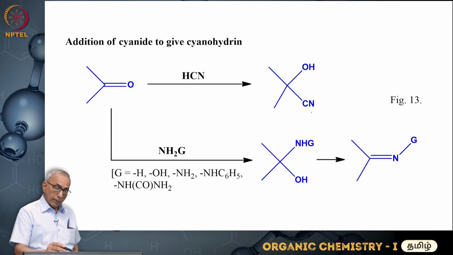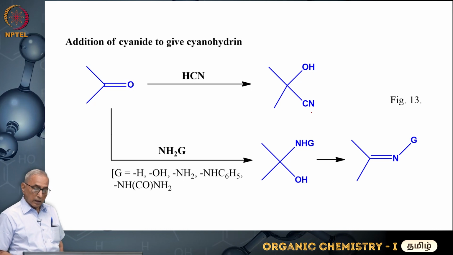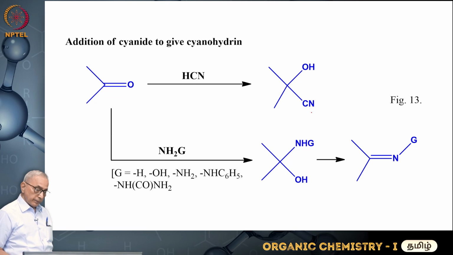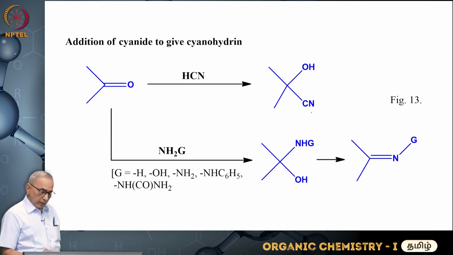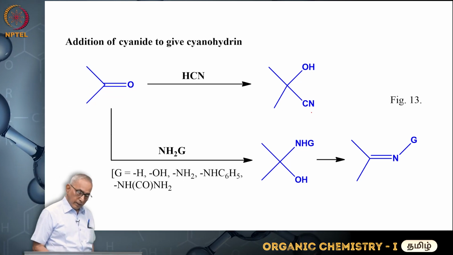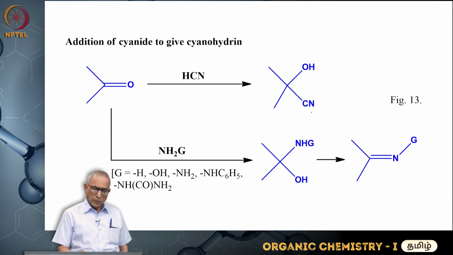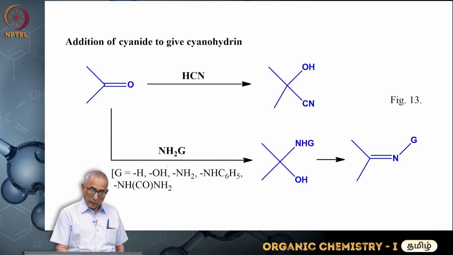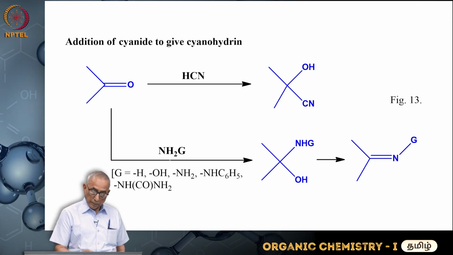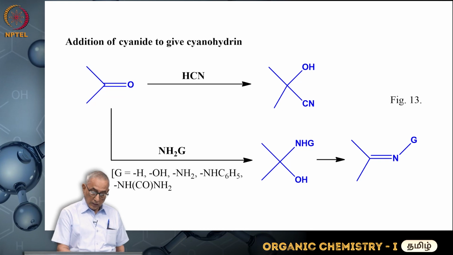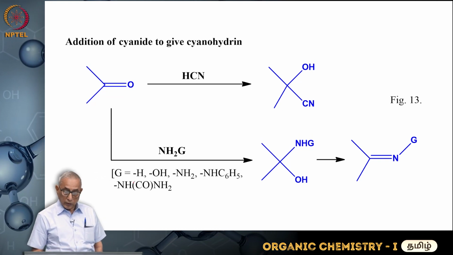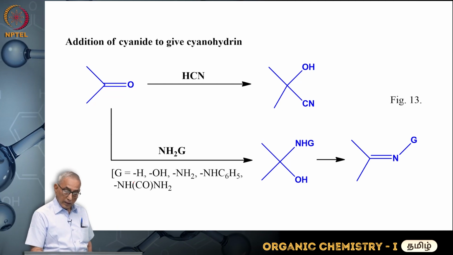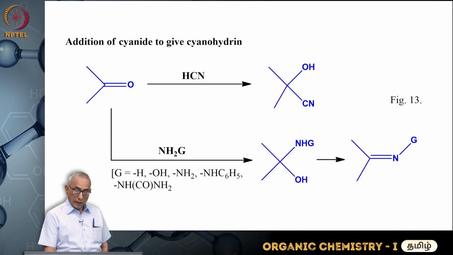So these compounds are important, and cyanohydrins are intermediates for producing hydroxy carboxylic acids. Earlier I mentioned hydrazone formation. Similarly, a whole lot of compounds can be prepared from ketone by using NH2G, where G is H. When G is H, it is ammonia. When ammonia is used, the resulting compound will have a double bond NH.